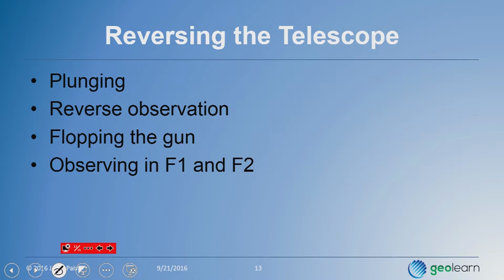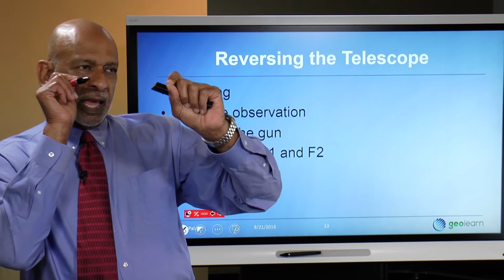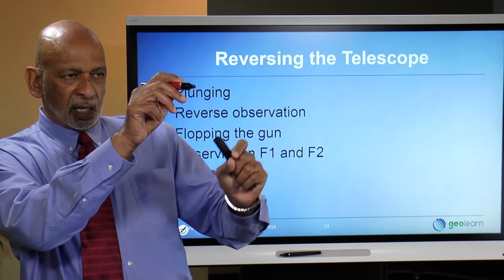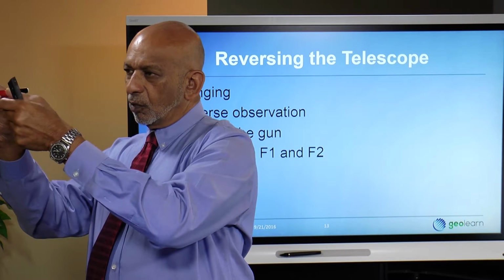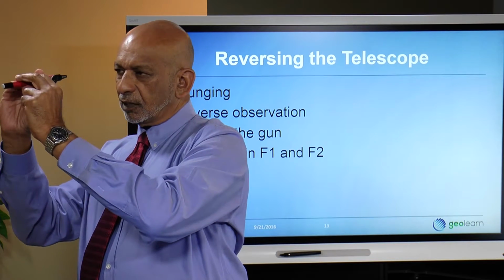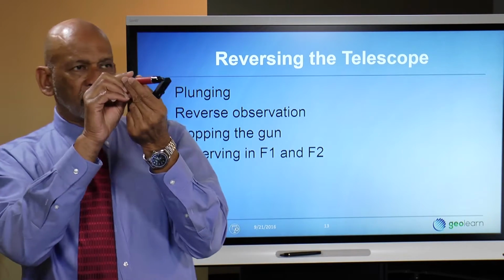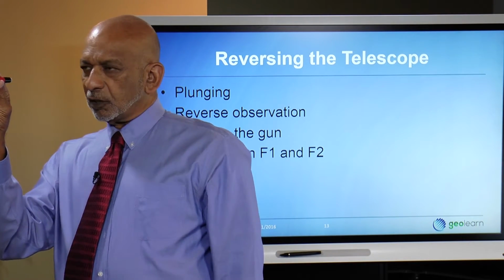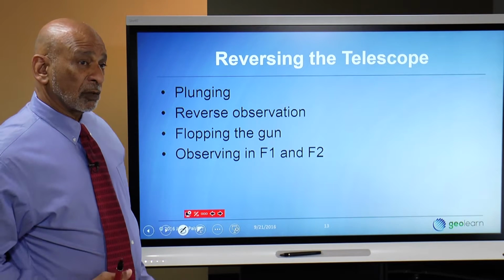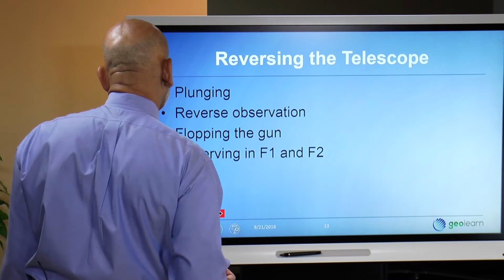That means as we sight through the telescope at a target, and then we sight at another point through the telescope at the target, what we do now is we invert the telescope and turn it around so that we can sight the telescope again and measure it with the telescope in what's called a reversed or upside down position.